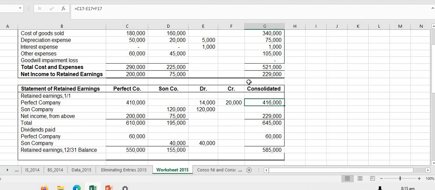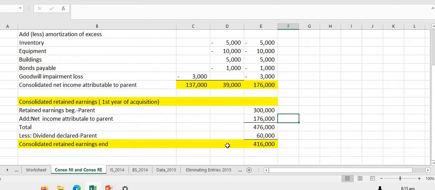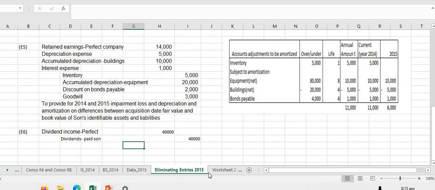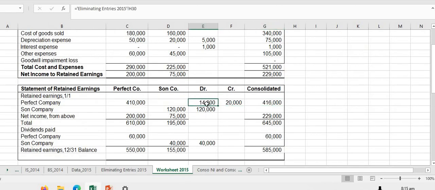So if you've noticed, the 416,000 is actually the consolidated retained earnings last year. So the purpose of our eliminating entries is to convert the Perfect reported retained earnings in the separate financial statements to the consolidated beginning retained earnings of 416,000.